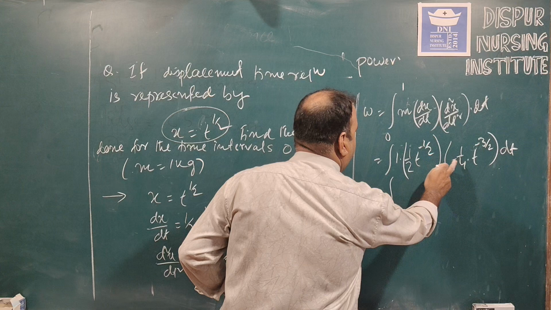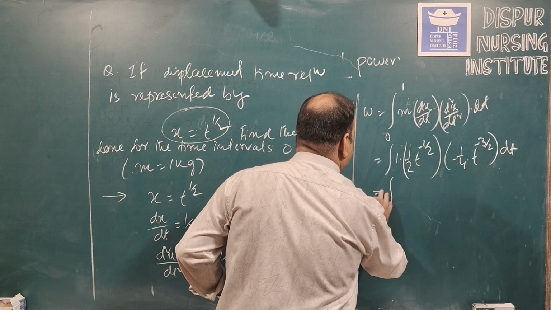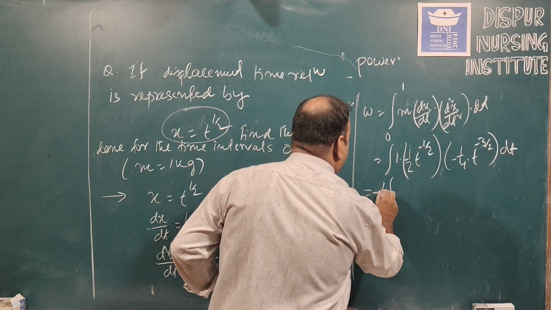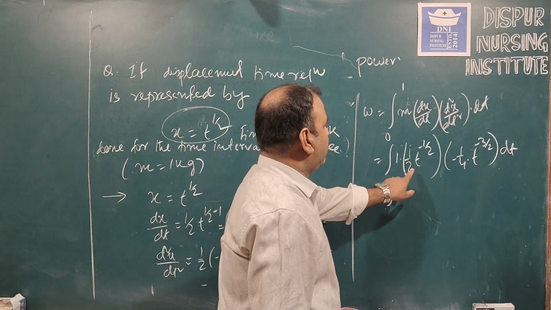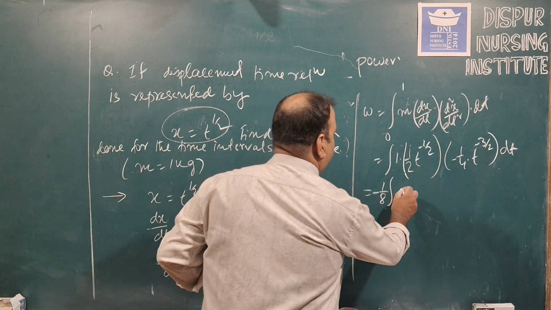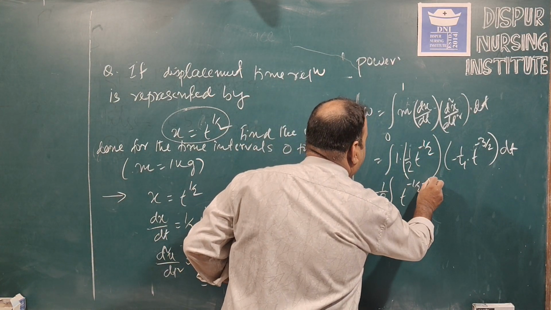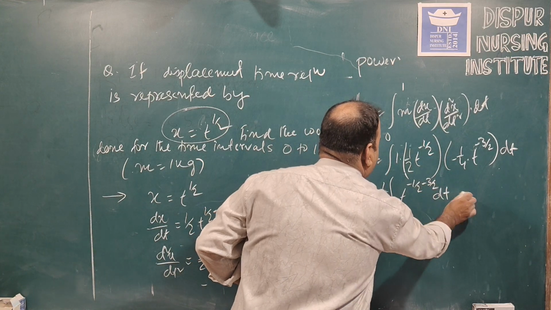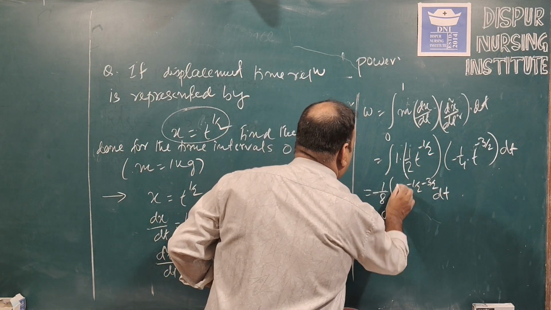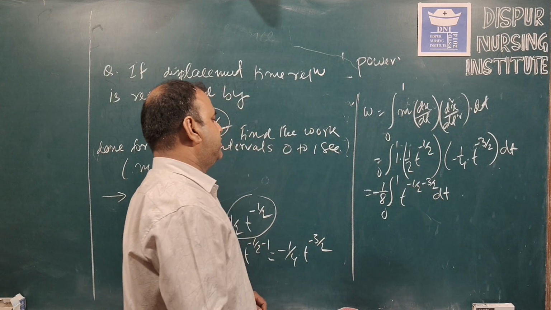So in this way, if you check this part, we can write: minus 1 by 4 times half gives minus 1 by 8, since 2 into 4 is 8. Now t to the power minus half minus 3 by 2, and here dt, with the time limits 0 to 1 second.